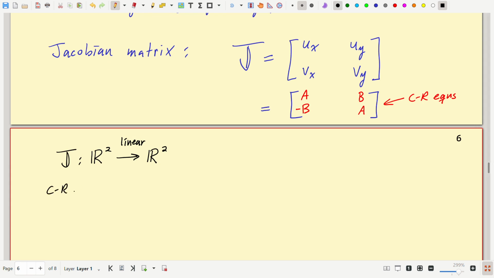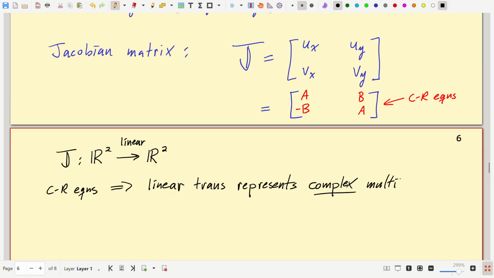The Cauchy-Riemann equations imply that this linear transformation represents complex multiplication. And when you think about it, what does it mean? That difference quotient means that locally the function looks like a complex linear function.